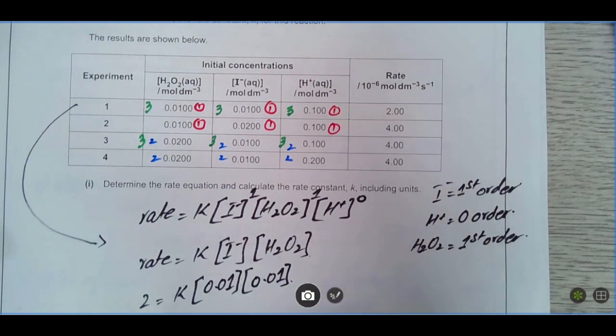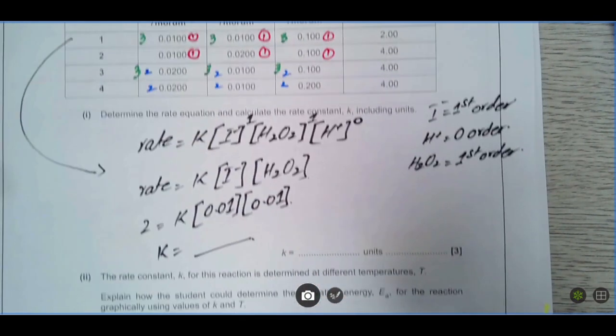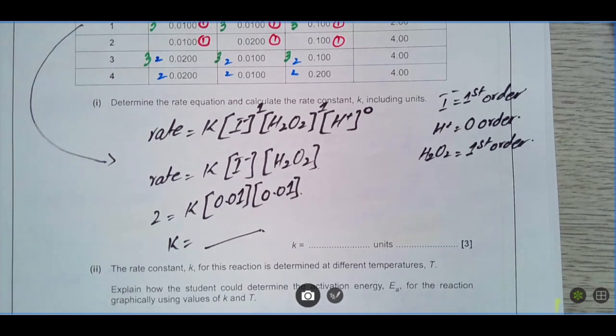If you solve from here, you'll end up with the value of K. Has anyone got an answer? 2 and 4 zeros. Check again, because look, I made a small mistake. Can anyone identify the mistake that I made?